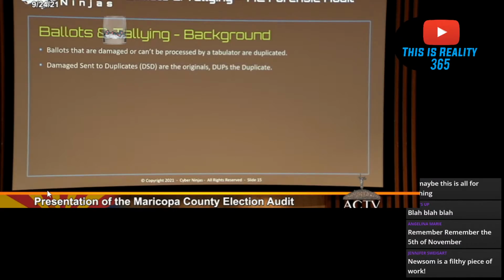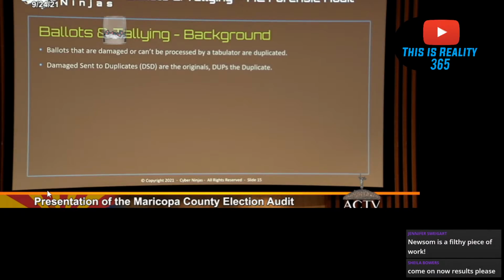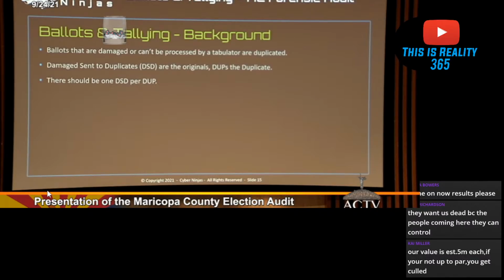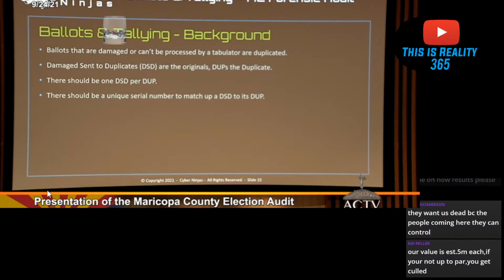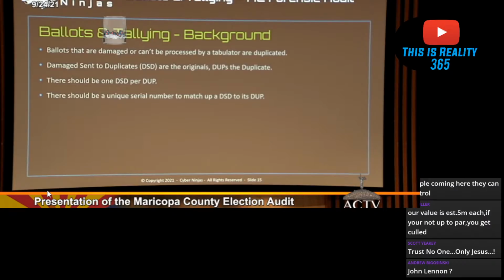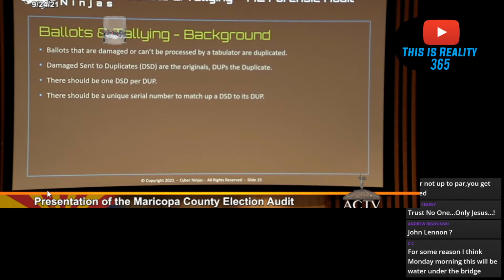Now, specifically, the originals are often referred to as damage sent to duplication, or DSD, and we're going to use that notation throughout, that DSD means the original ballots, whereas the actual duplicates are referred to as dupes. So there should be one DSD per dupe, and there should be a unique serial number on every single DSD and every single dupe to match them up, so that you will know for sure that this ballot right here was duplicated to this other ballot.